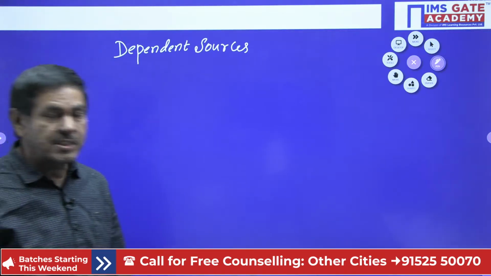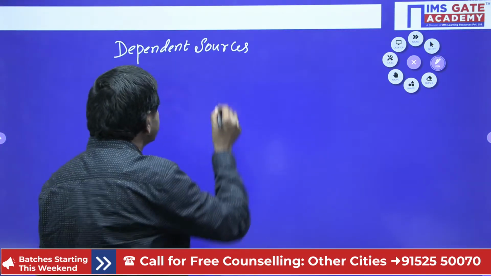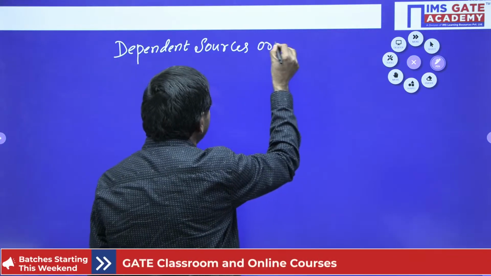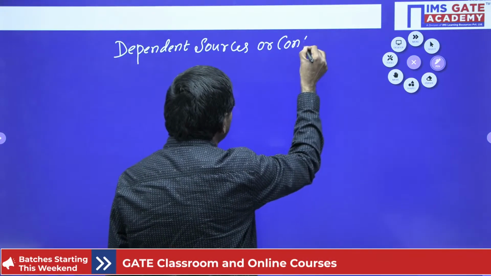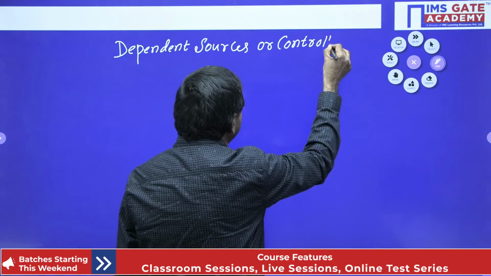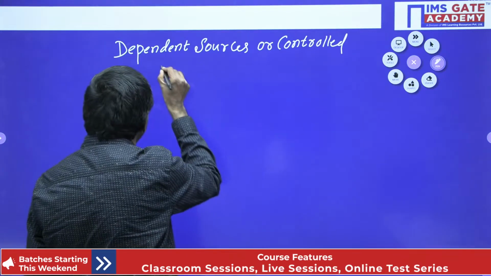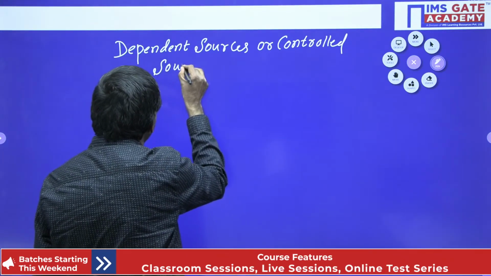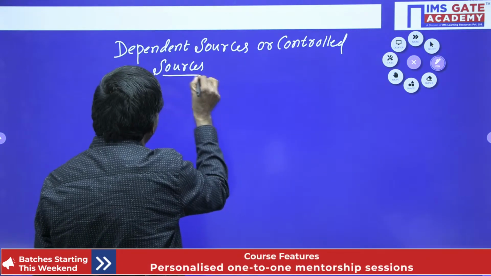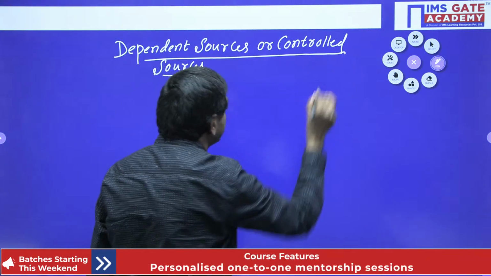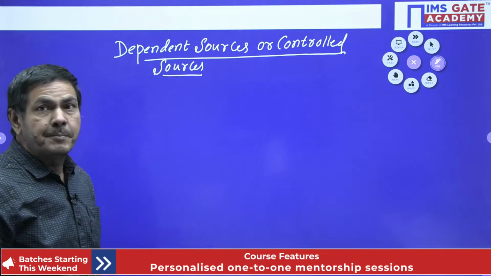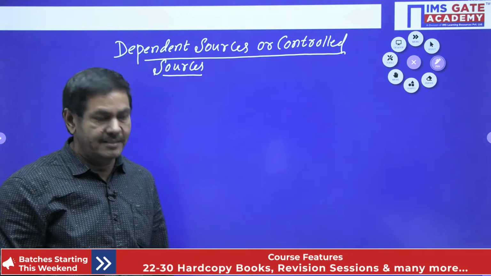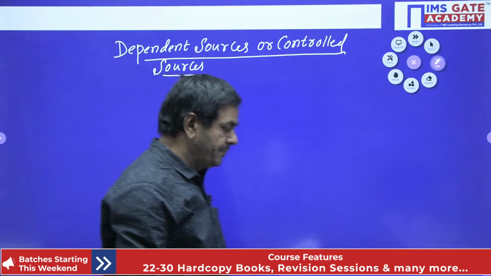The dependent sources can also be called controlled sources. In that way also we can write it. It is acceptable. What are the dependent sources? There are different types of dependent sources.